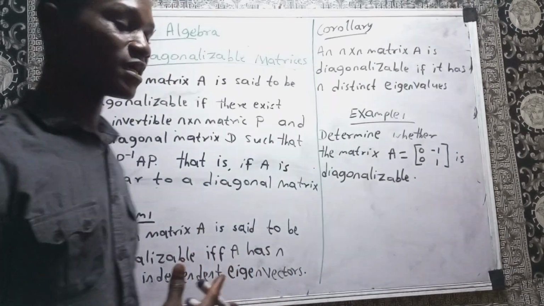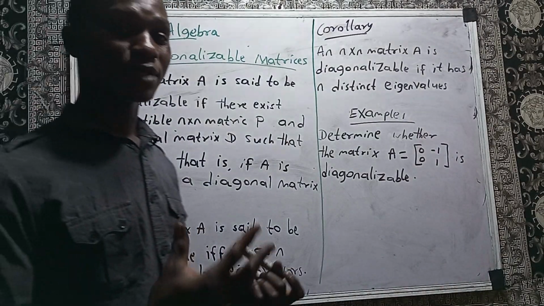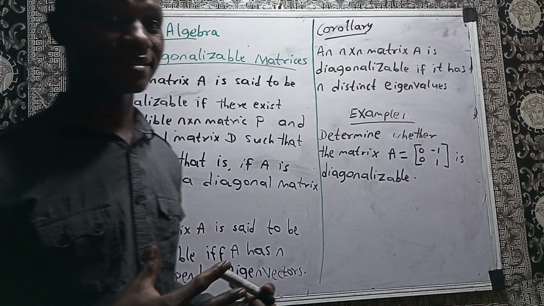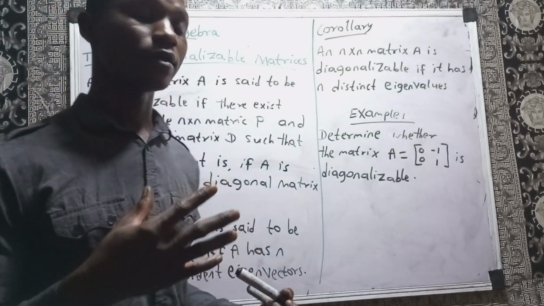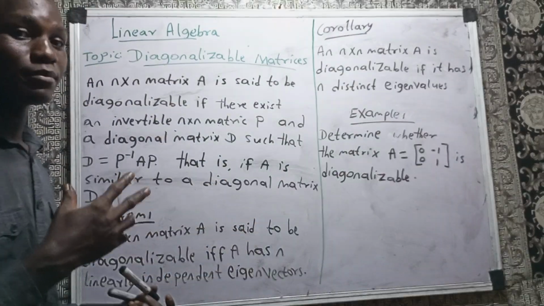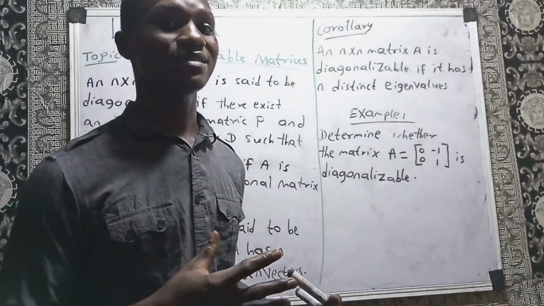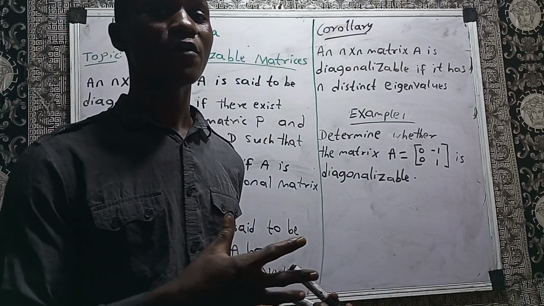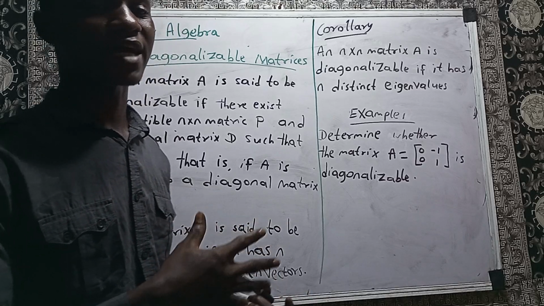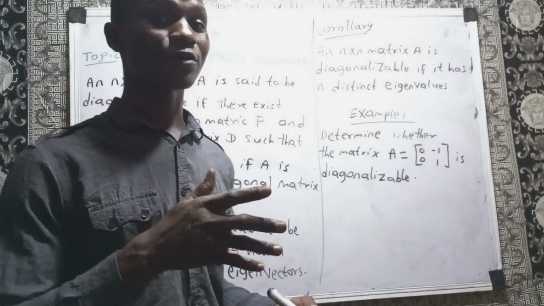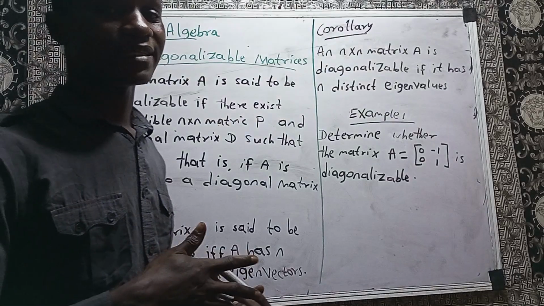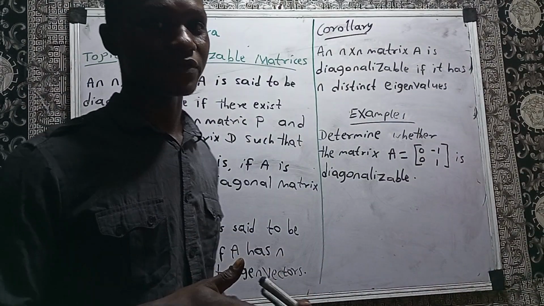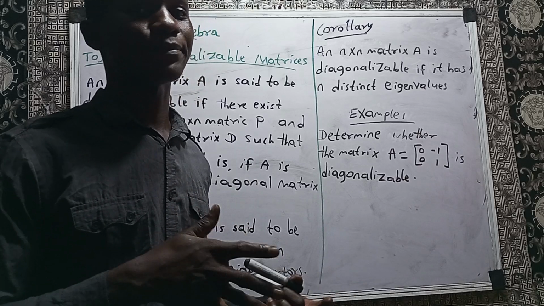Then we have some theorems that can help us to verify whether a given matrix is diagonalizable. The first theorem is saying that the matrix must have n distinct eigenvectors. So for you to use this theorem to verify that a particular square matrix is diagonalizable, you must find the eigenvectors corresponding to each of the eigenvalues of the particular n by n matrix.